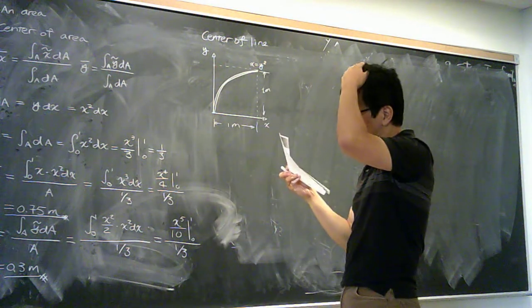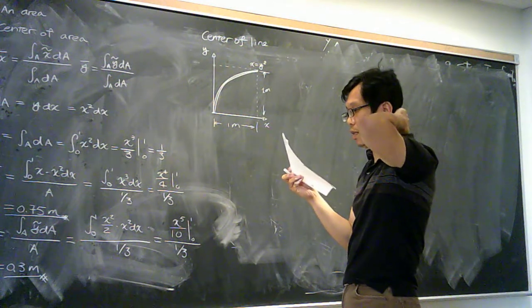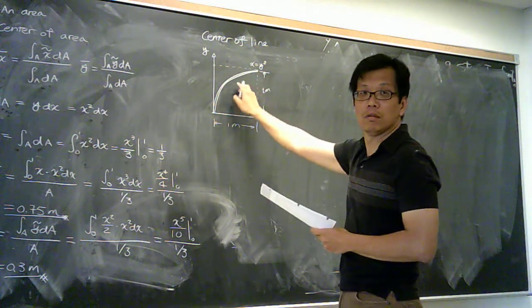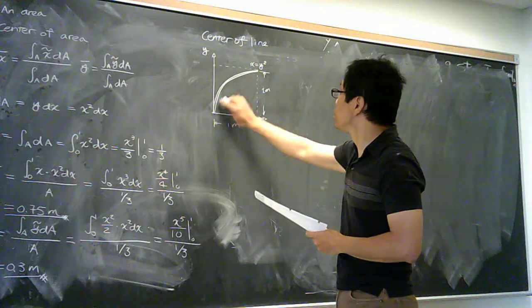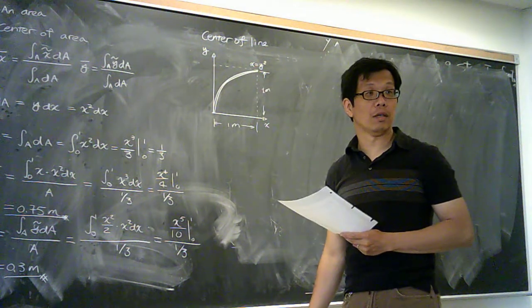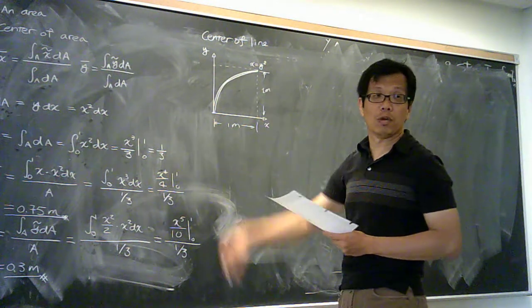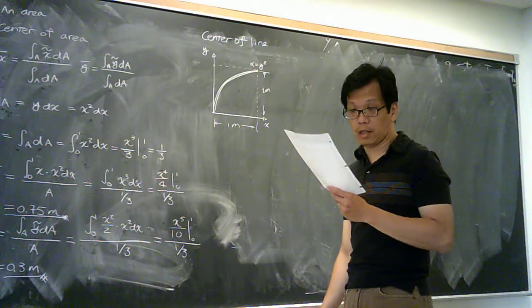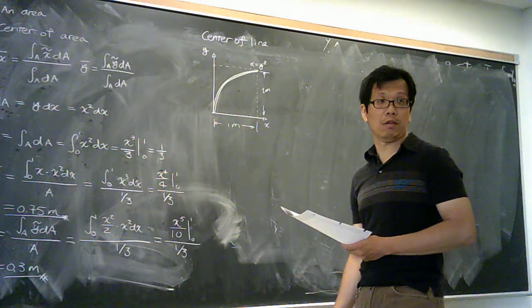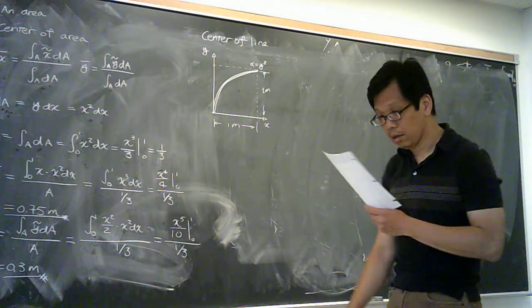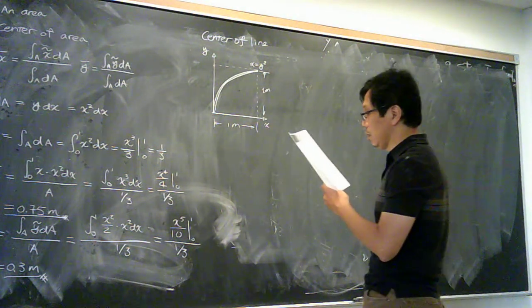So we would like to know the centroid of this rod. Obviously, this looks like a single one, right? So when we say it's a centroid of this thing, we're actually looking for center of line, because this is actually a line. So how are we going to deal with that?